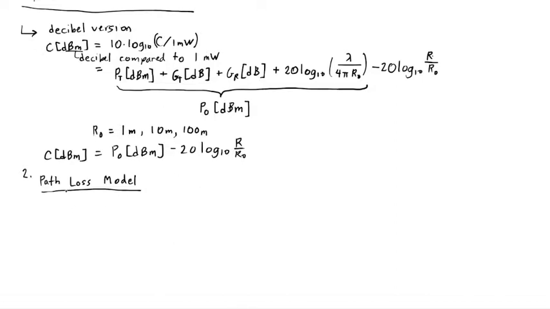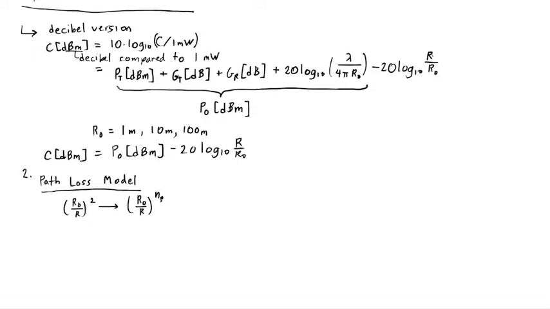And these losses, instead of being proportional to R0 over R squared, we're going to move towards a model where these losses are to some different exponent. We're going to call that exponent NP for path loss exponent. The Rice book just calls it lowercase n, but I don't want to be confused with all the other times that we use the lowercase n.